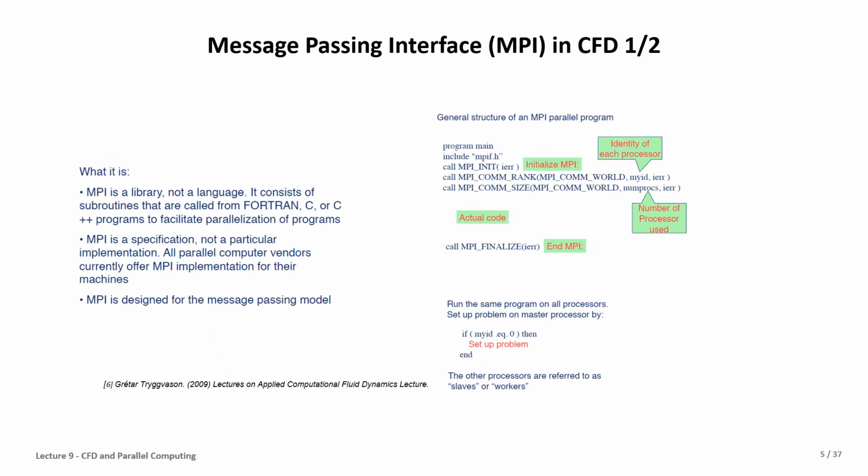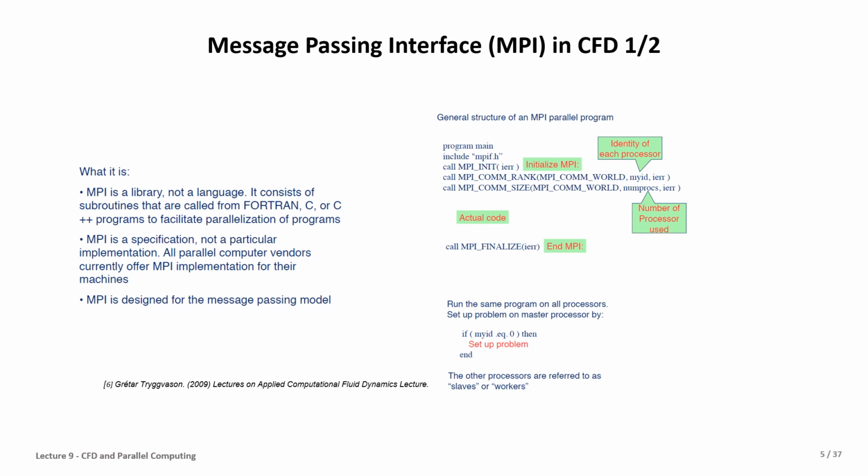For the MPI, the message passing interface, you had the details in the lecture from the previous talk. We know MPI is a library, not a language, so it consists of subroutines that are called from different languages. For example, in the CFD community, usually Fortran and C or C++ are used.